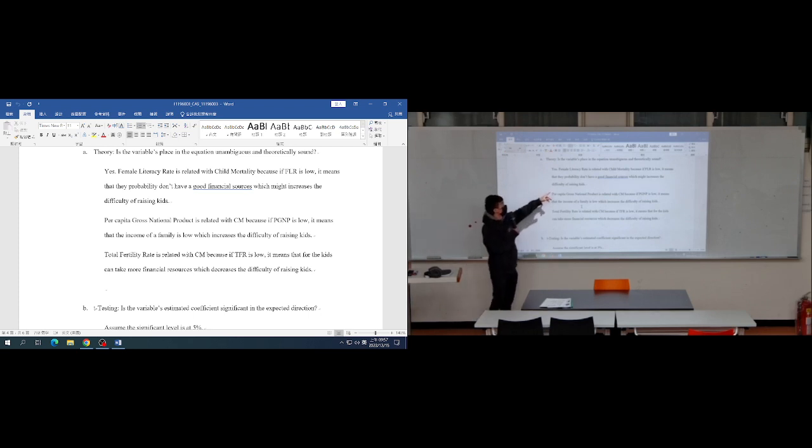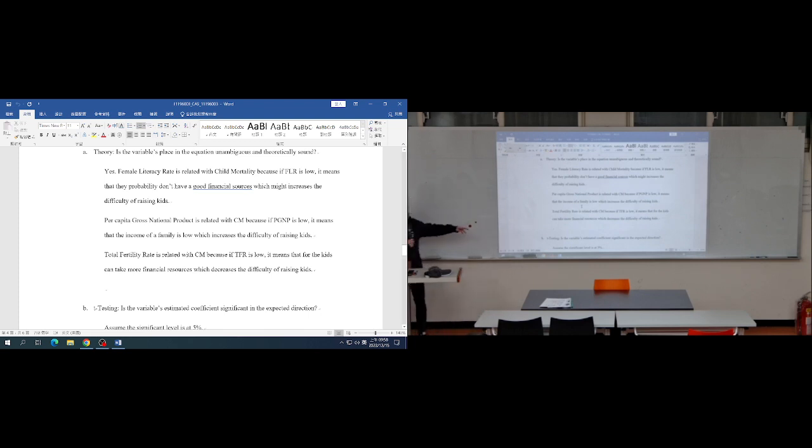For FLR, female literacy rate kind of means the educational level, right? The most important dimension for this variable, I think, is education instead of financial. But I mean, if you have enough financial source, then you might get educated. Okay, sure. Yeah, that's what I think.